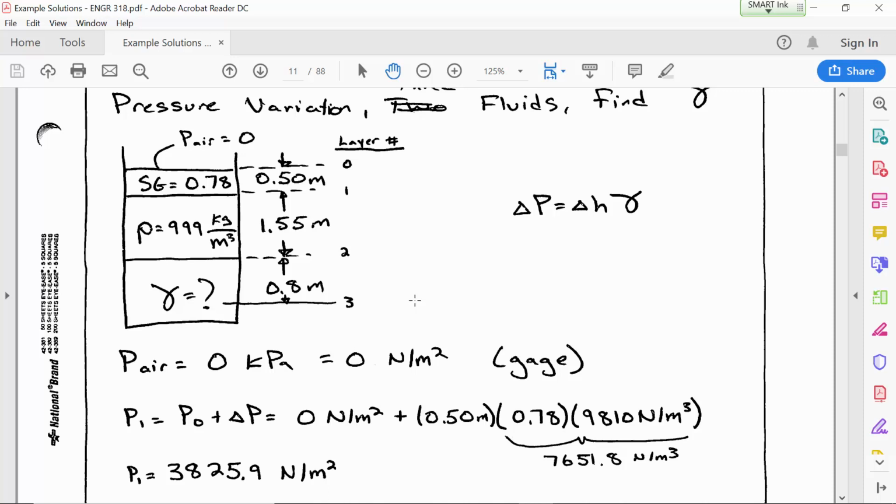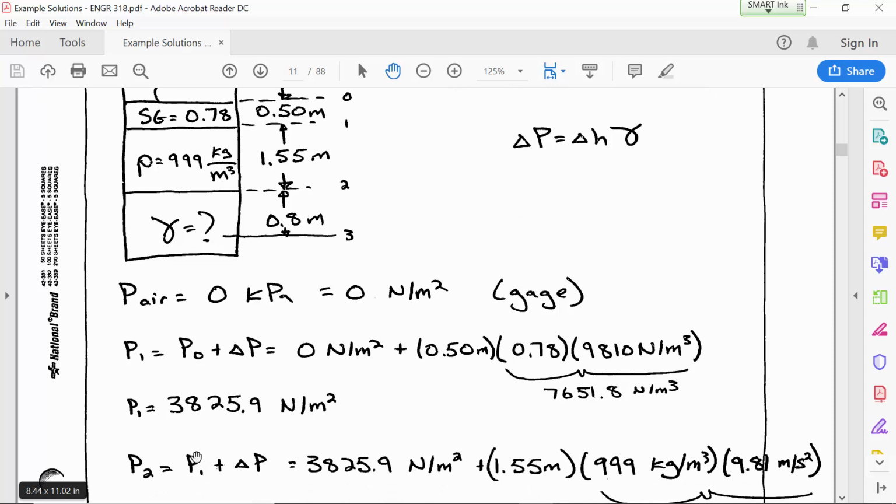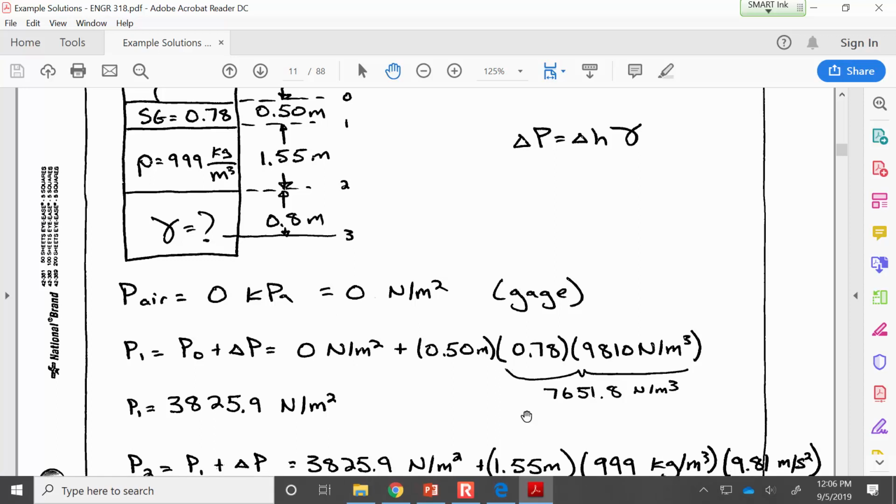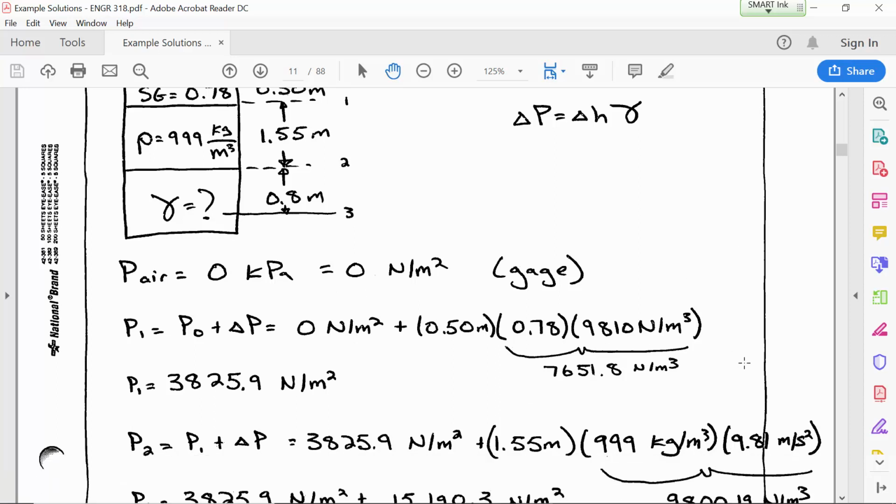Okay, good. So then the principle is, if we want to now find the pressure at location 2, it's additive. It'll be the pressure at location 1 plus the change. So 3,826 pressure at 1 plus the delta P just through that layer. And so the delta P through that layer is going to be 1.55 meters of this liquid, which has a density of 999 kilograms per cubic meter.